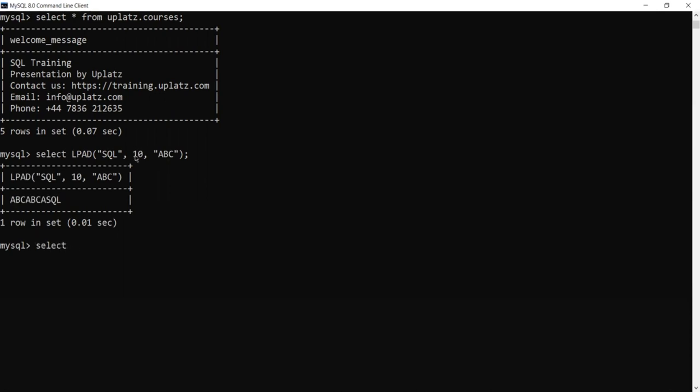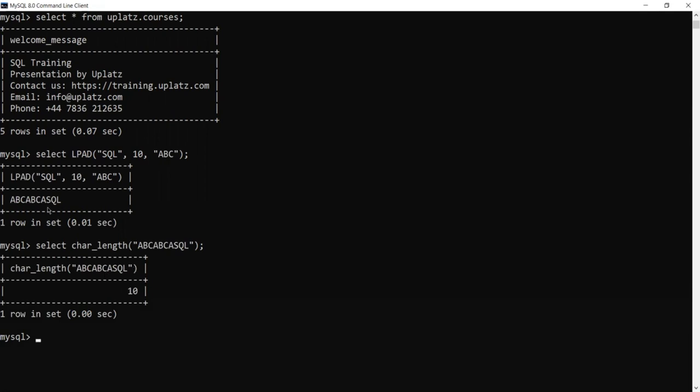So when I check the length, and as I had already told you, it's always better to use CHAR_LENGTH than LENGTH to identify the number of characters present in the string. As you can see, the output is of 10 characters, and that's what I had given as an input to my LPAD function. So let us try to play around with this.